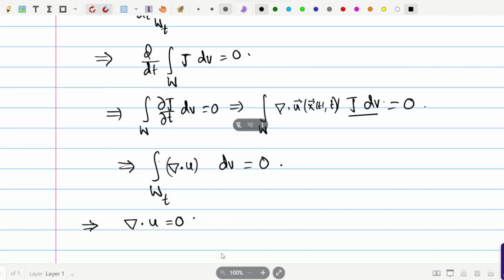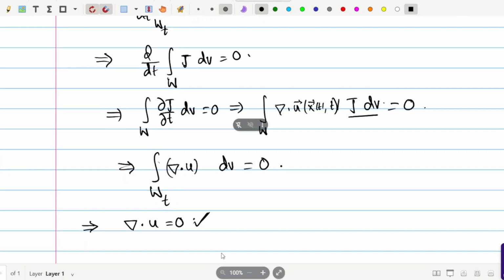I've given those examples, right? Those definitions of incompressibility mean that volume is not changing with time. That is one definition. This is another definition, which you are now deriving from the same definition. You're seeing that all are equivalent.